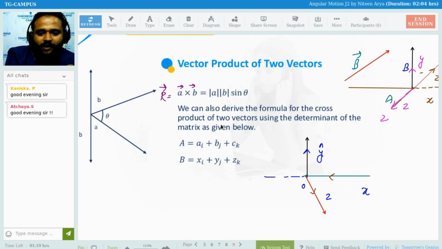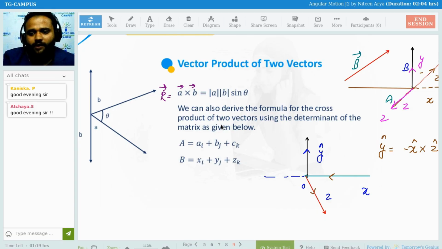I am finding positive of y only when I do this x cross j. Clear? So if I am multiplying both with the negative sign, what can I do? Is this clear?